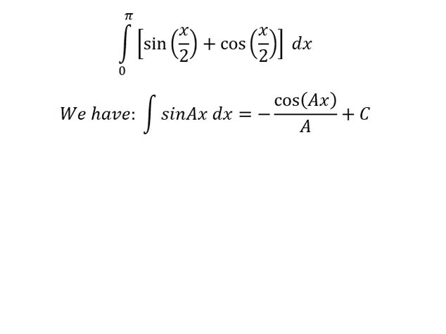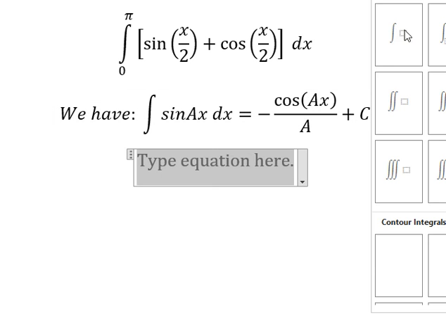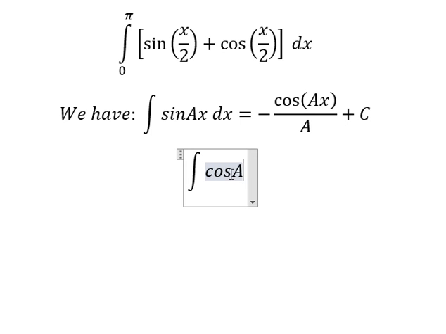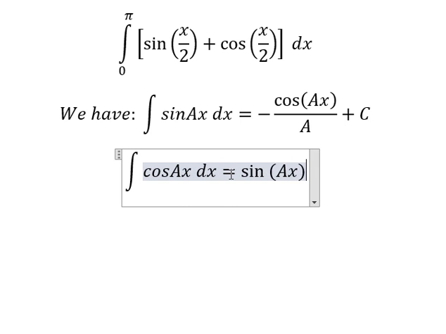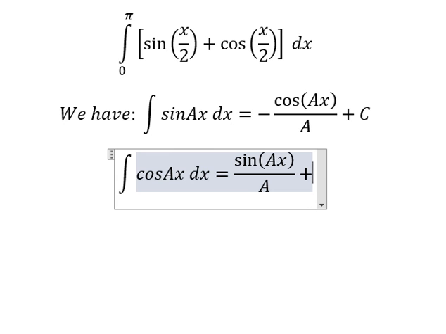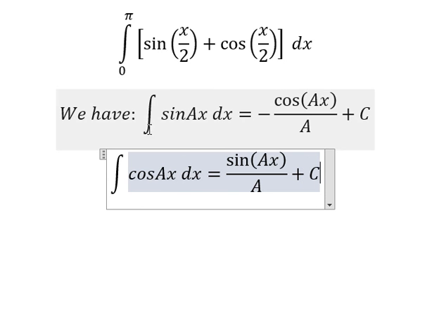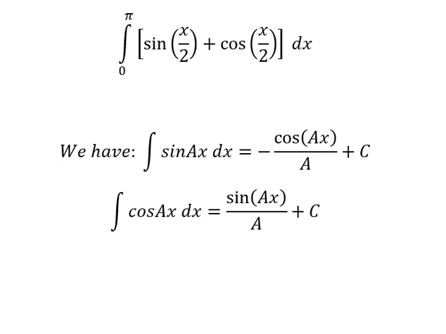The integration of cosine ax dx, we have sine ax over a, and I will put c. Now we can apply two formulas in here, and we got the final answer.